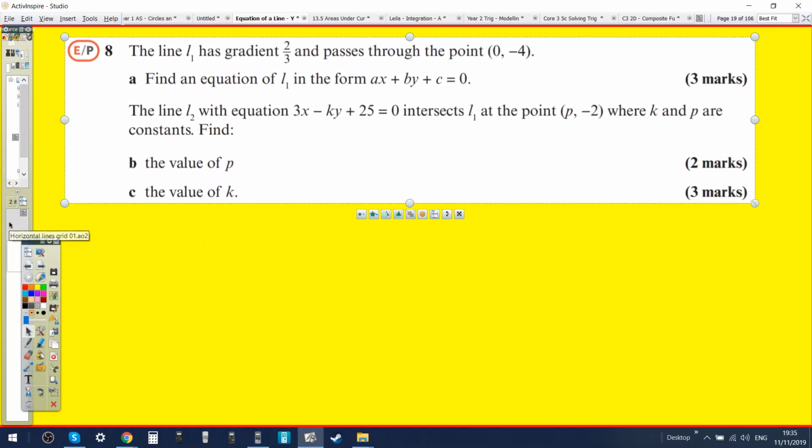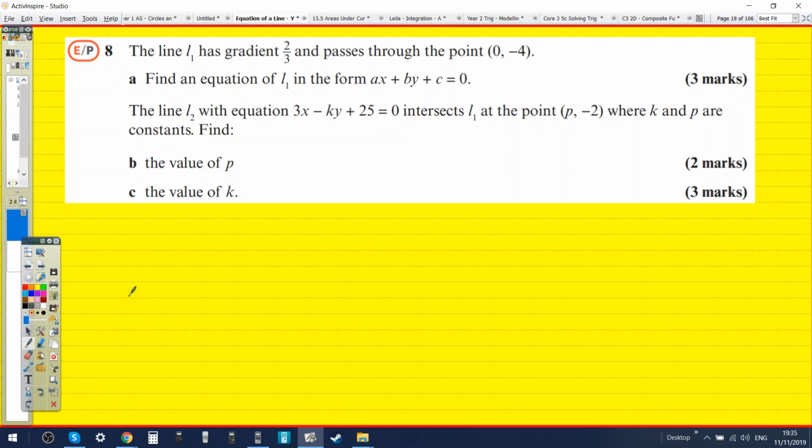Okay, let's try it. So do I need to sub in minus 4 into y and sub in 0 into x?